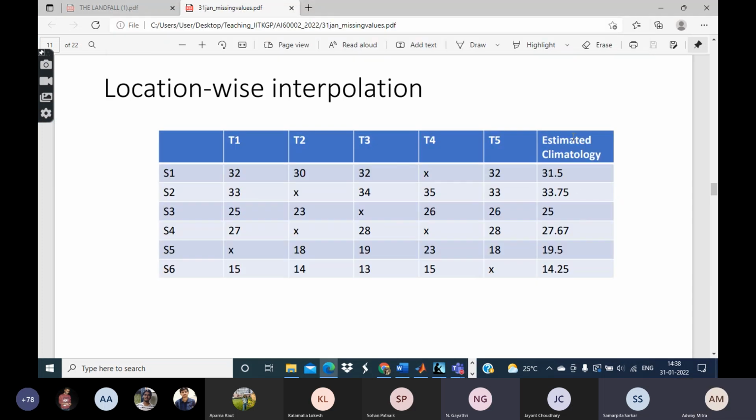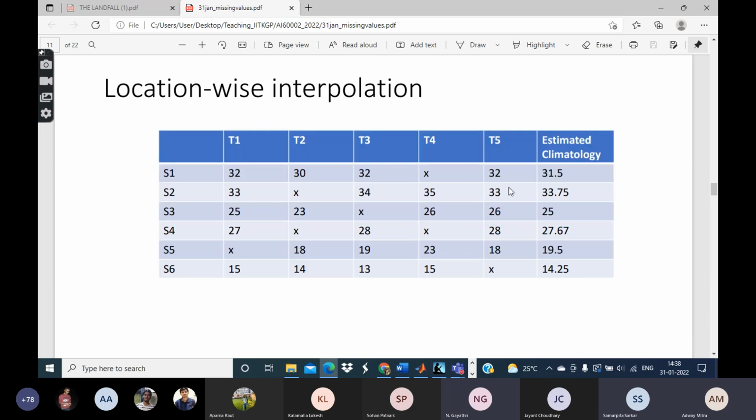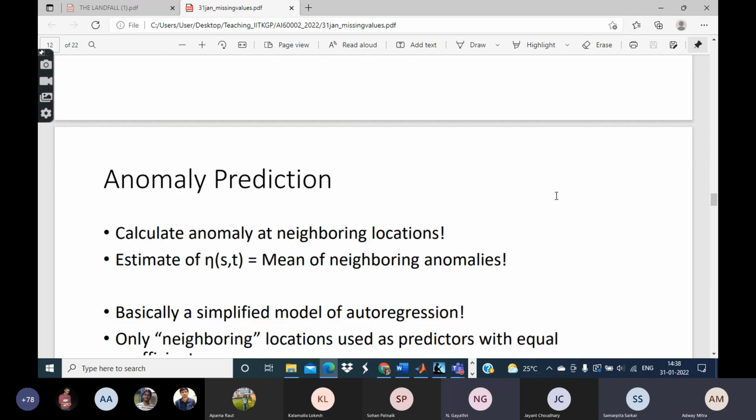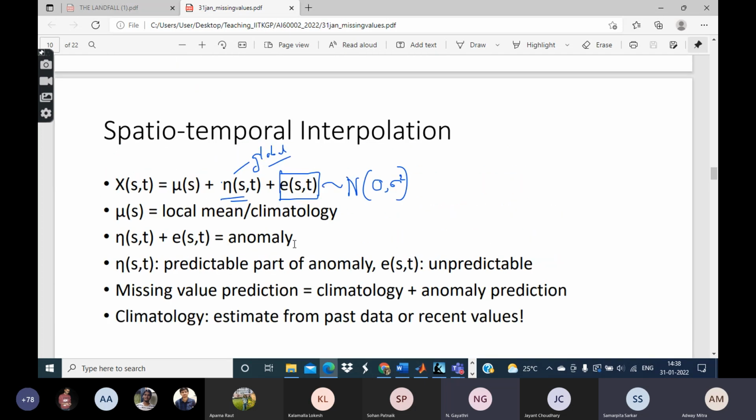Okay, so the first part, the mu s, you can say is coming from here. I should also mention that here I have written mu s, but it need not be mu s in all situations. In some situations, it may be more pertinent to use mu t, that is the average over all locations for a specific time point.